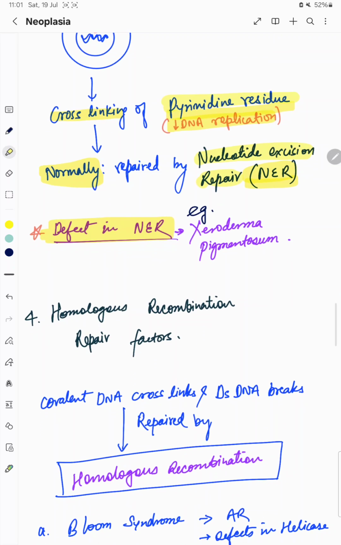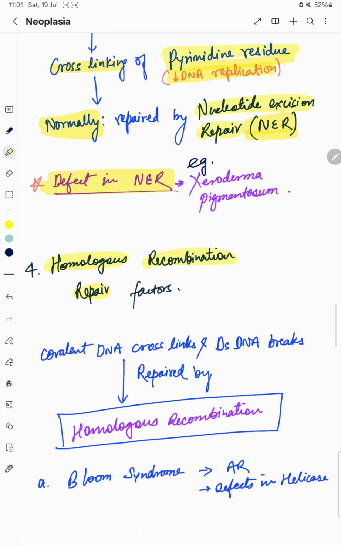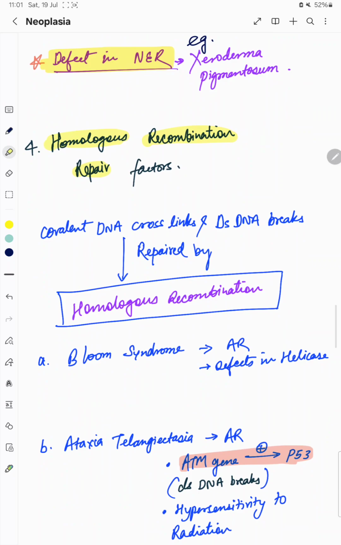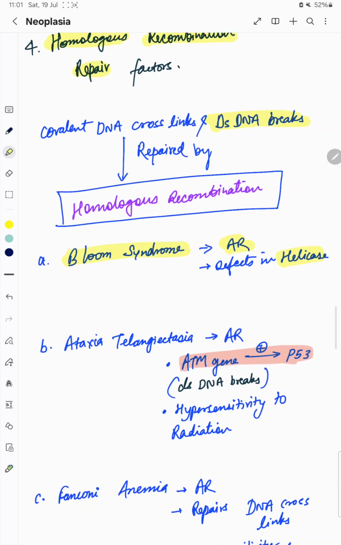Now the fourth category is homologous recombination repair defect. Covalent DNA crosslinks and double-stranded DNA breaks are repaired by homologous recombination, and whenever this mechanism is defective, it results in many disorders, namely Bloom syndrome, which is an autosomal recessive disorder in which there is a defect in the helicase enzyme.